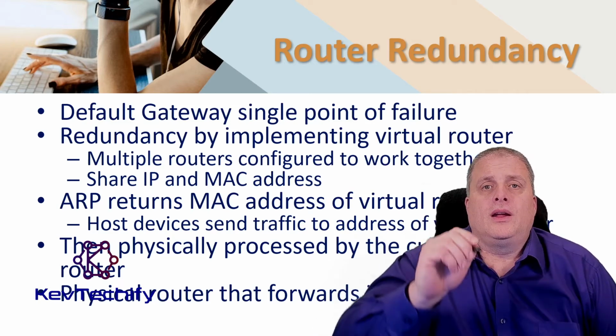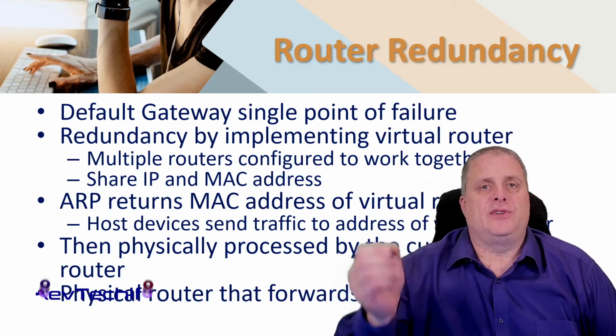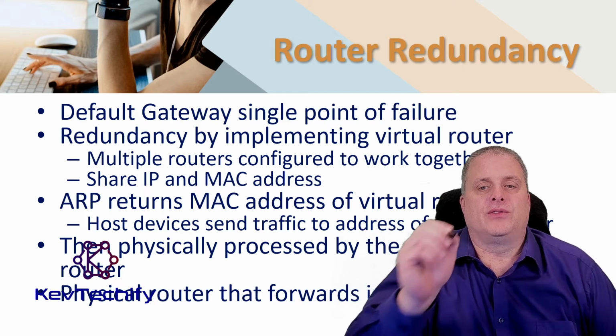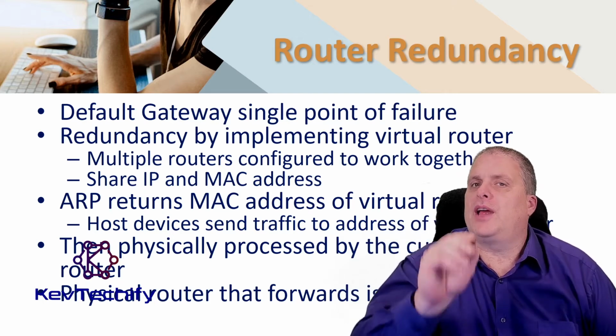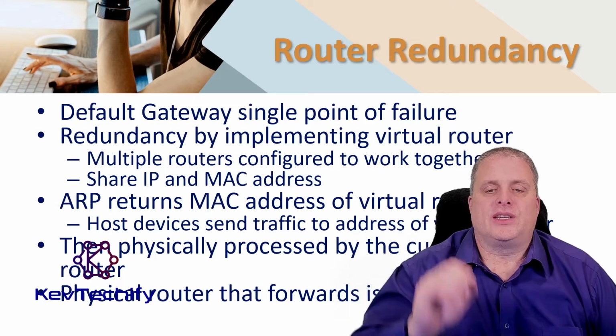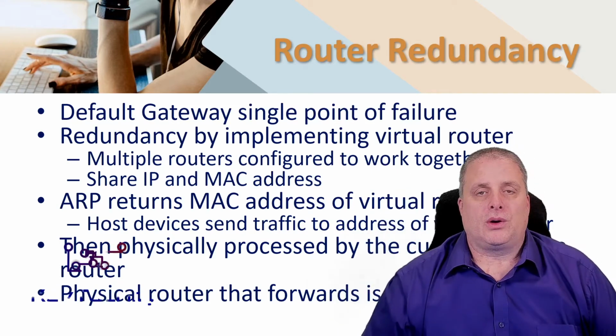Now, when a host looks up the MAC address of the default gateway, what it gets is the MAC address of the virtual router, because that virtual router has its own MAC address and its own IP address. That way, the host device can send traffic to that address of the virtual router.